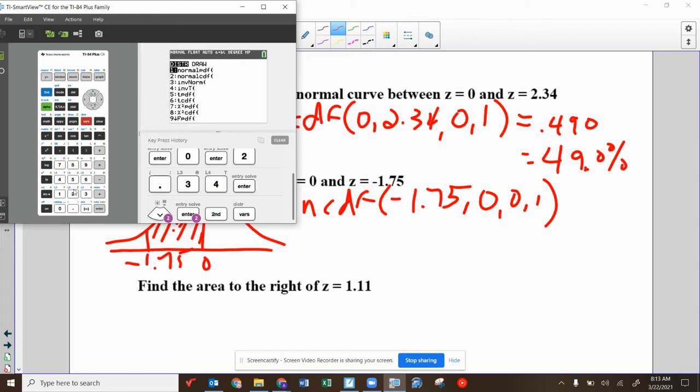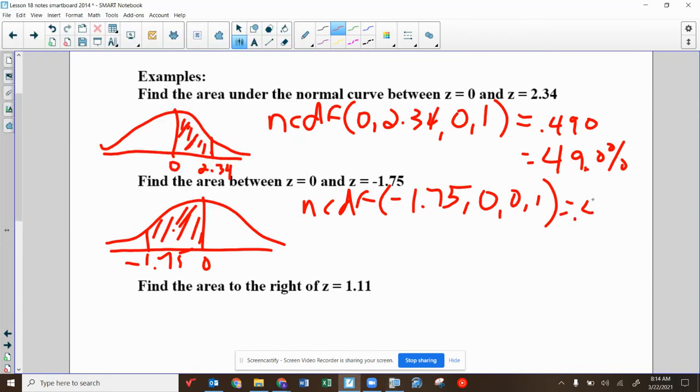Second vars 2, so negative 1.75, 0, 0, 1. 0.460, round that, so 46.0%.